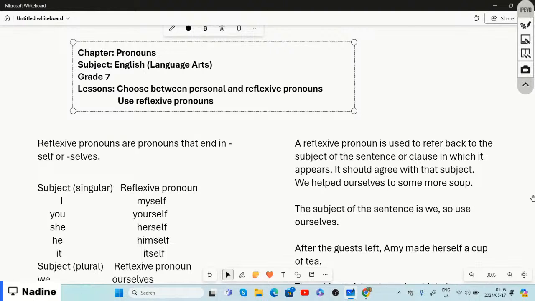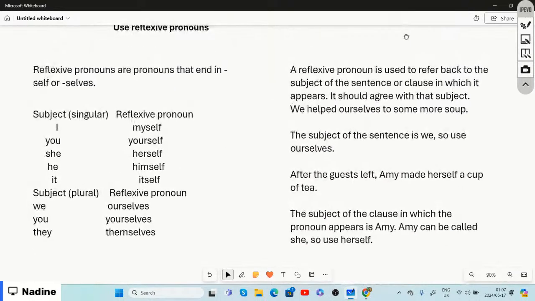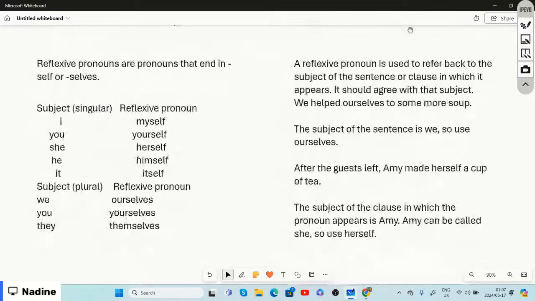Today we're going to be focusing specifically on reflexive pronouns, and we're also going to focus on personal pronouns, and there is maybe a slight difference there.